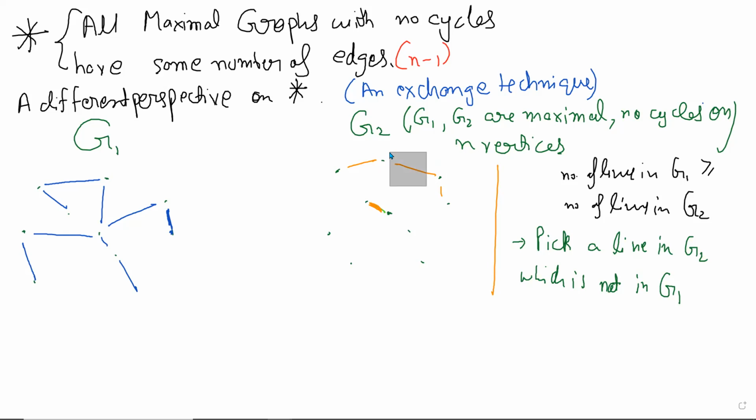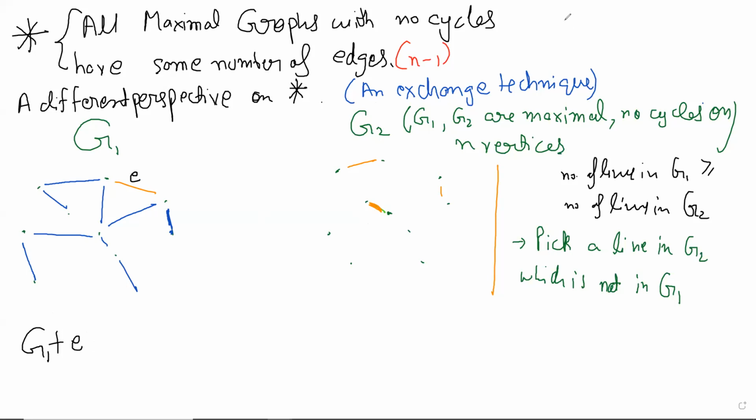So I'll just show one step. You pick this line and you place it here in this graph. I've picked a line from G2 and placed it in G1. Let's call this E. I have added a line E which was not in G1. This is a very traditional notation, so I'm just using it. Now it has a cycle, of course, because it was a maximal graph with no cycles.